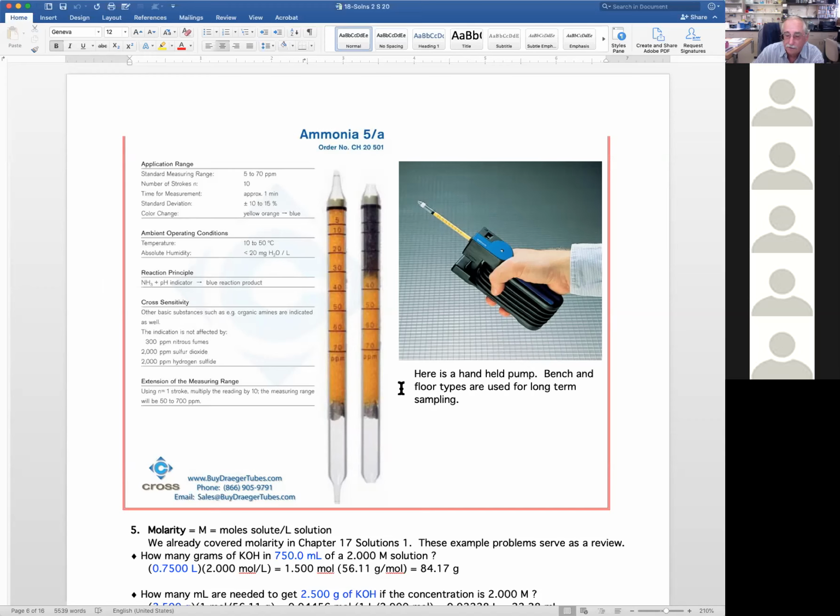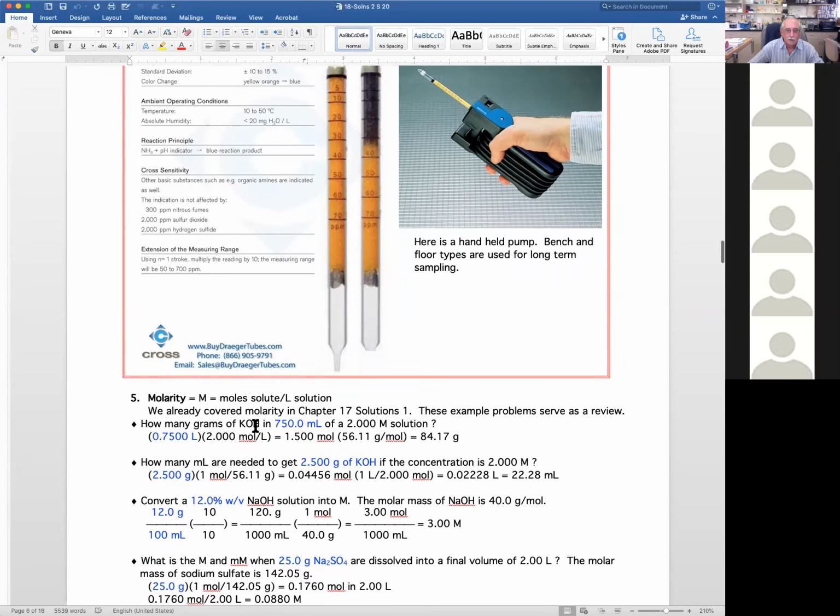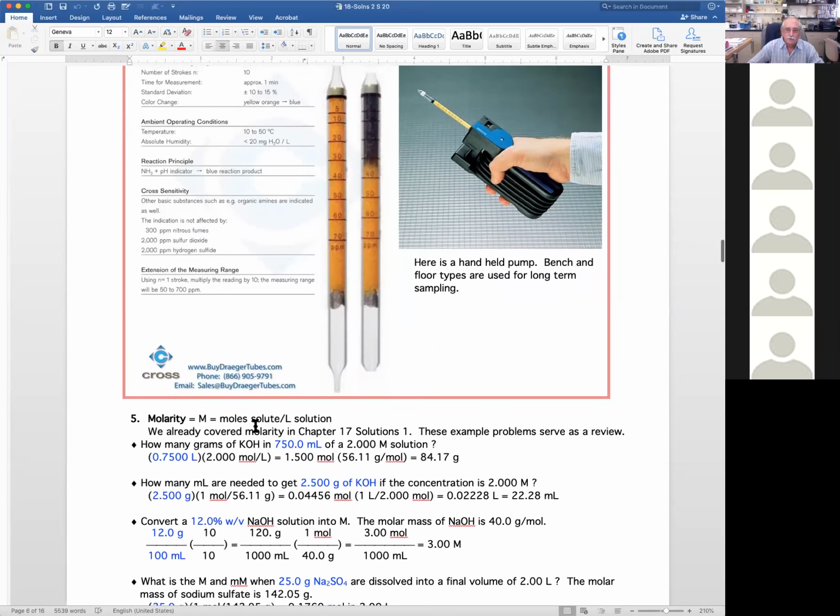Matter of fact, you could run it all week, or all month, or all year, until you start to see something. Just depends how much you really want to measure that substance. So we can measure pretty much anything. So, questions so far?